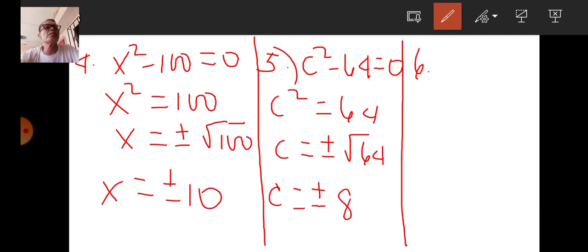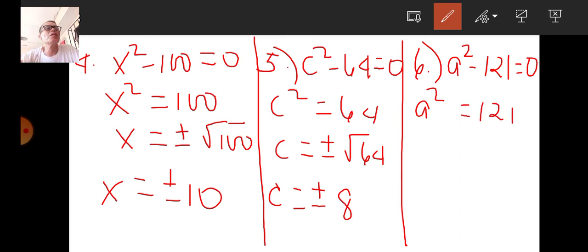Another example. We have a squared minus 121 equals 0. So you have a squared equals 121. Extract the square root.